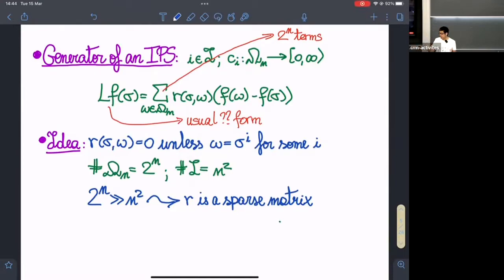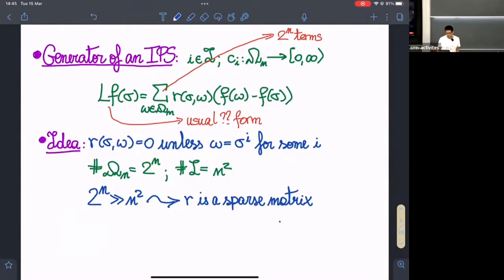So in particular, for the reaction diffusion models, this example of interacting particle systems, the function r(sigma, omega) is equal to 0 if, for example, these two differ in more than two sites. That means that as a matrix, this r is a very, very sparse matrix, right? Because you see the cardinality of the set of indices.